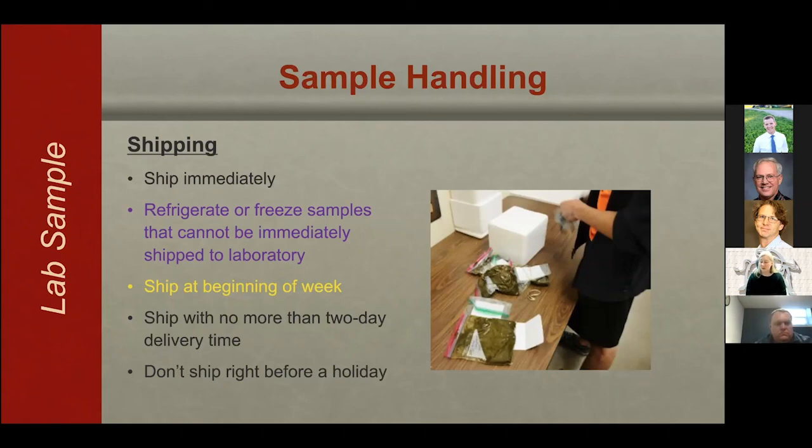They recommend that you ship with no more than a 2-day delivery time. So if your mail service is really slow, you might want to make sure it's being shipped with 2-day mail, or put it in little coolers with ice packs or something, but you want to make sure that it stays cool, and then don't ship right before a holiday.